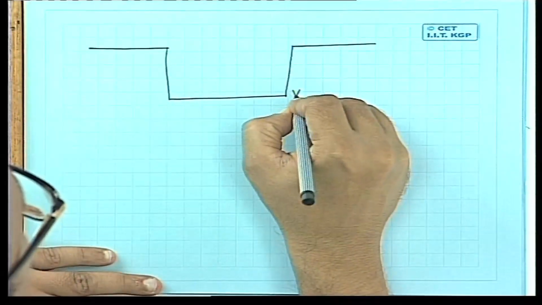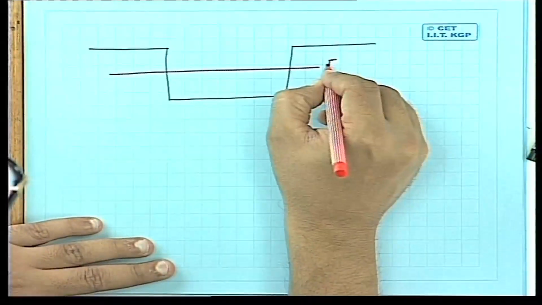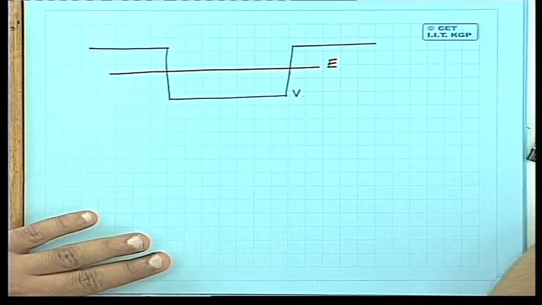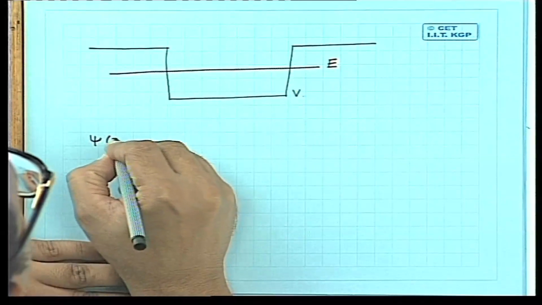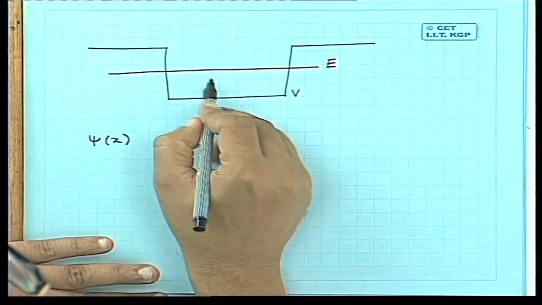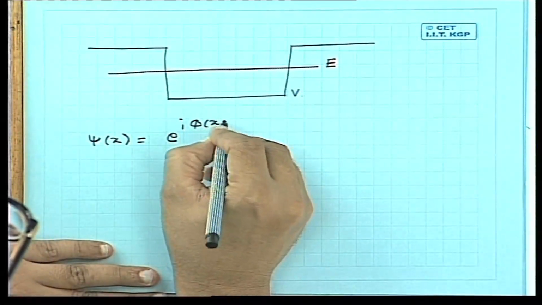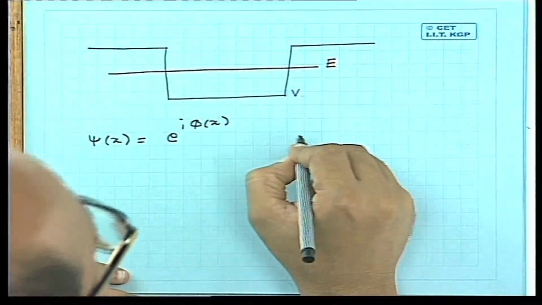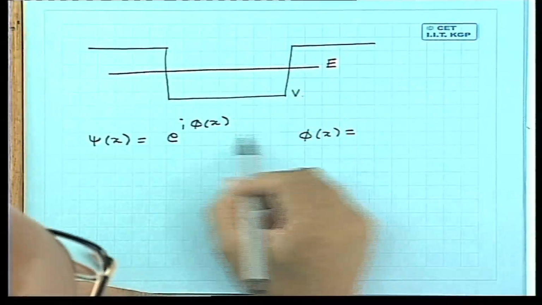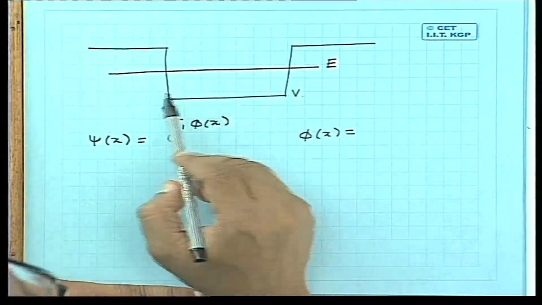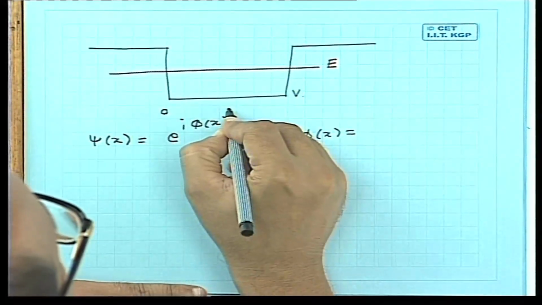This is the constant potential V, and I have a particle whose energy is E, and I write down the stationary state solution in this region as e to the power i phi(x). Then phi(x), we know, is the phase of the wave function as we go from here to here. So this is 0 and this is some position x.